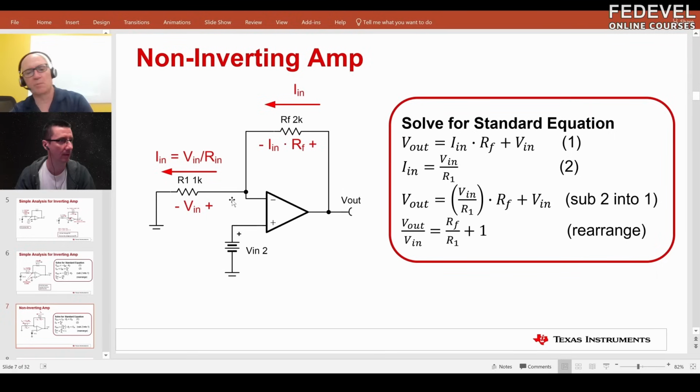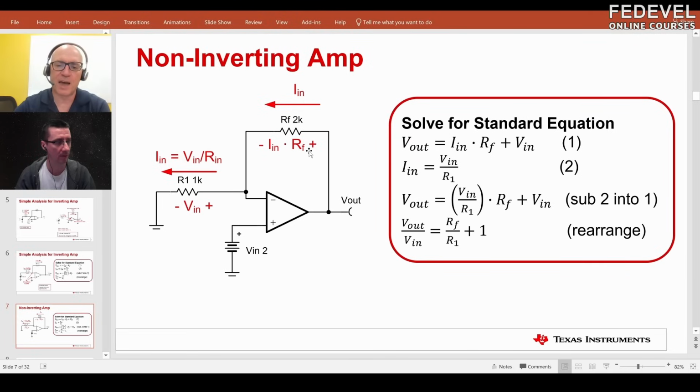The other common one is the non-inverting amplifier. You could do the same kind of analysis, but in this case, this input signal, Vn, is actually being forced on the inverting node by virtue of the virtual short. So the inverting node is at 2 volts or at Vn, and then that will be across R1 and developing an input current. That current has only one way to flow.